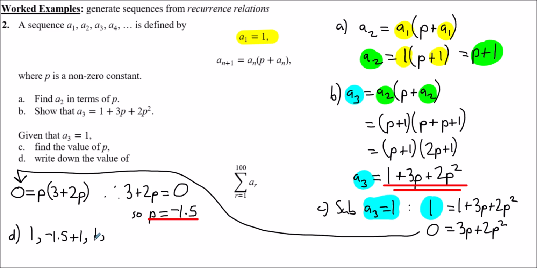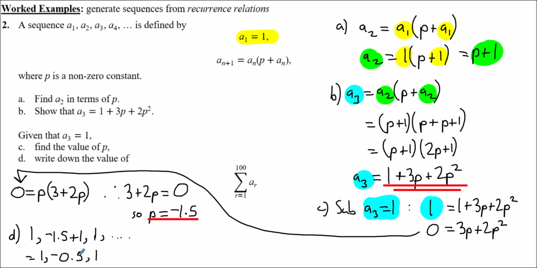If you notice here, 1, minus 0.5, 1, it'd then go back to the start, it'd cycle. When you get to 1 again, if you shove 1 into here, you'll get the same thing coming out again. So this is going to be a periodic sequence.